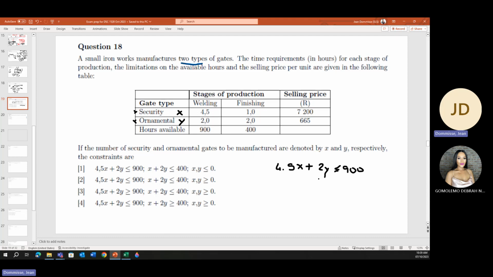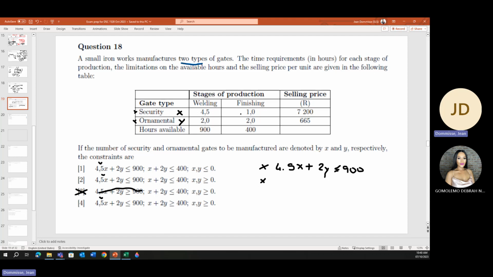So what I would do is with that one, let's see, 4.5x plus 2y. Okay, so that's fine. 4.5x plus 2y, that one is still fine. 4.5 plus bigger, okay, so that one we can eliminate. So option 3 is a goner. 4.5x plus 2y, okay, still an option. So that was welding.